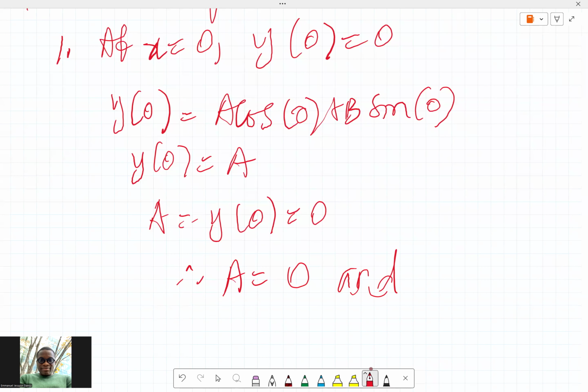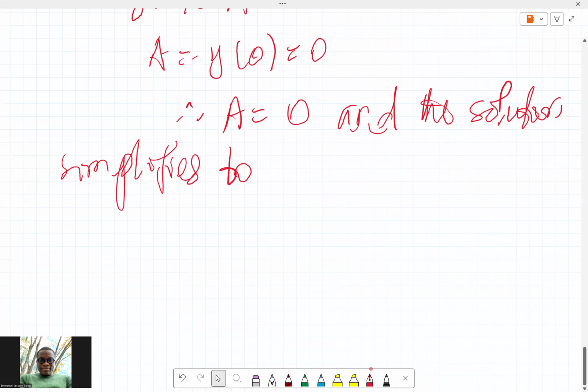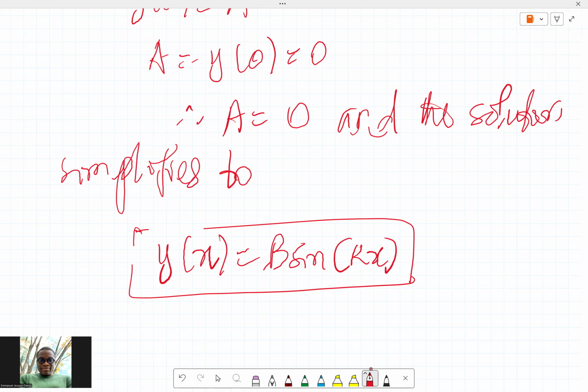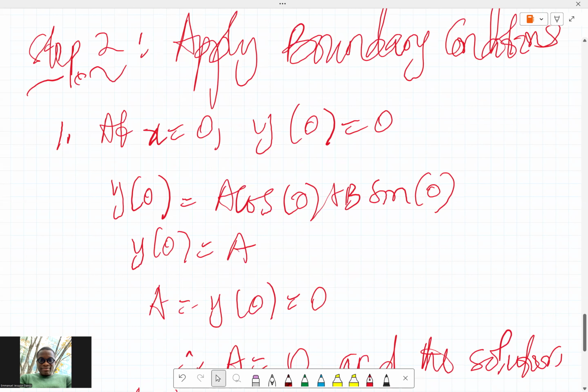And the solution simplifies to y of x equals b sine kx. Okay, we have this. Now that's the first boundary condition, I believe.